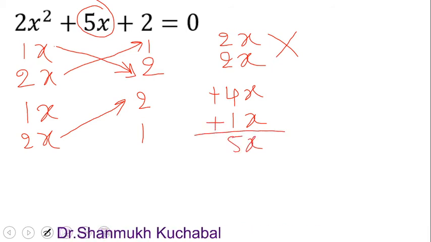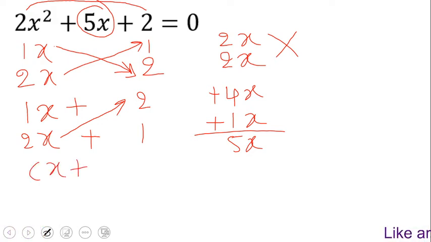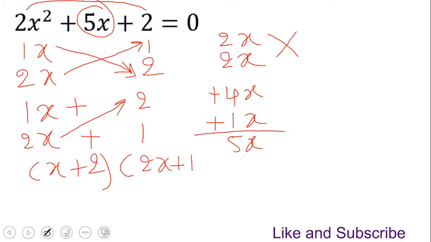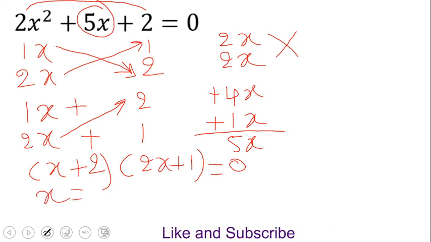Further multiplication, 2 2s are 4 we are going to get. So here it is plus, plus I introduce. Next step plus it is, plus we introduce. So one factor is x plus 2. Another factor is 2x plus 1 equal to 0. Therefore x solution, plus 2 transported to RHS, minus 2 we get.